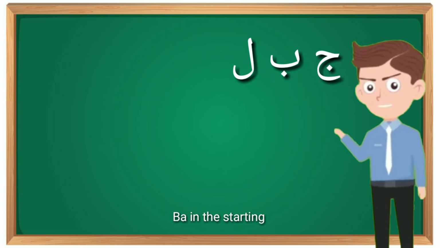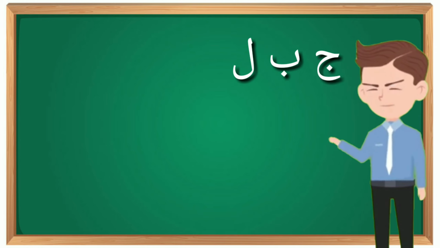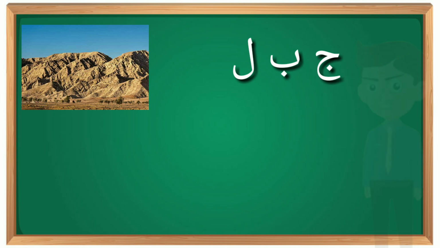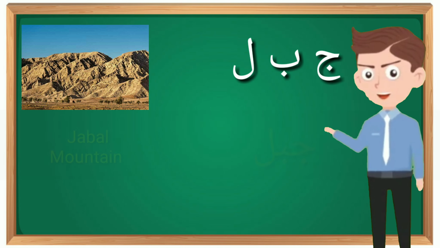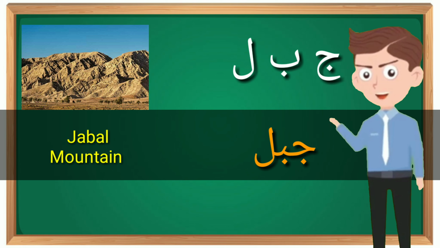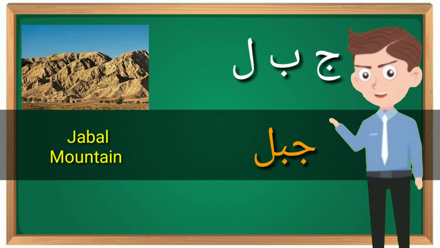In this example, you can see the word jim, ba and lam, jabal. Jabal means mountain, mountain. Here you can see the word jabal. In this word jabal, how did we write the letter ba in the middle?